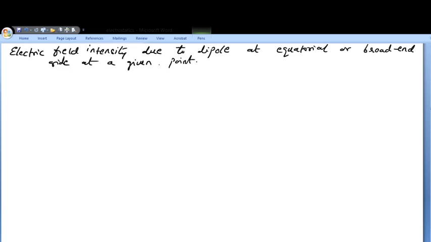So now what we have to do is we have to calculate electric field intensity due to dipole at the equatorial position. So first let us try to understand what is the equatorial position.